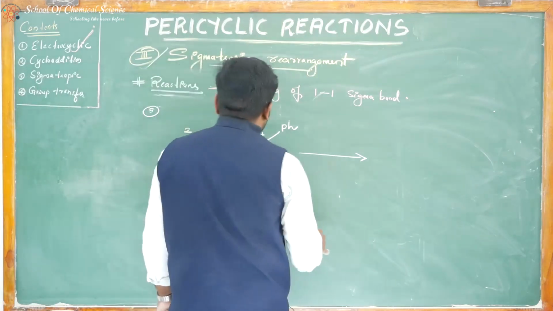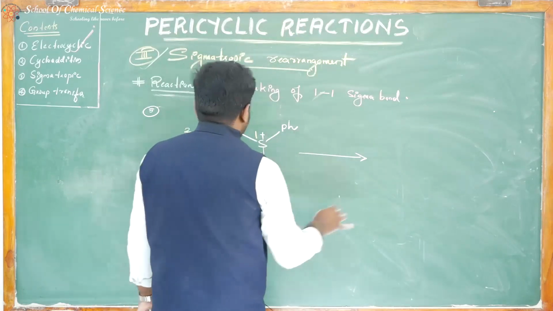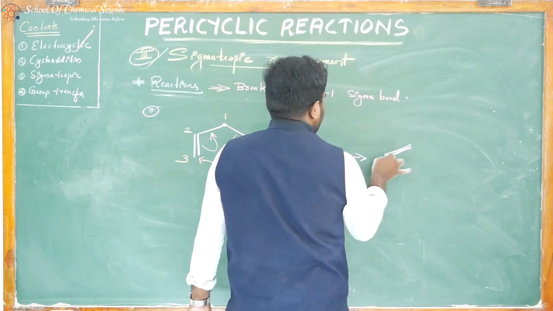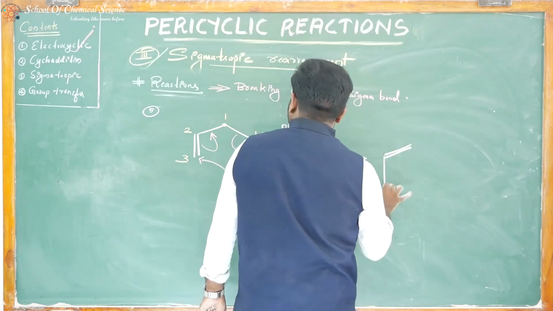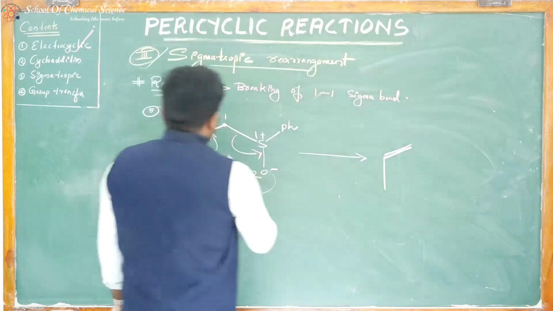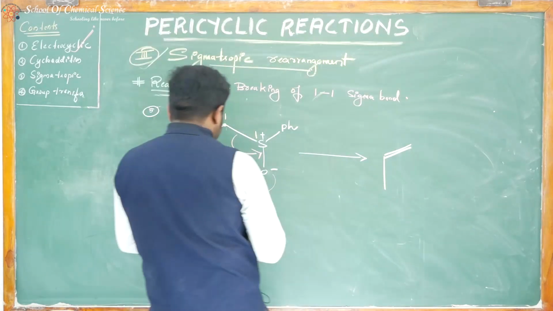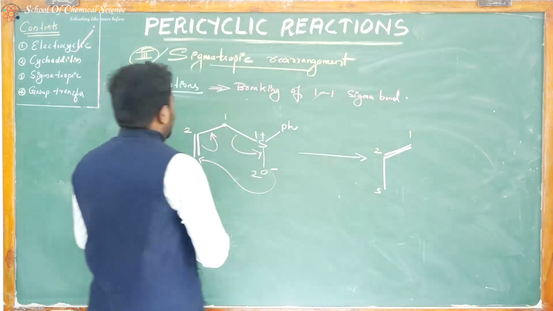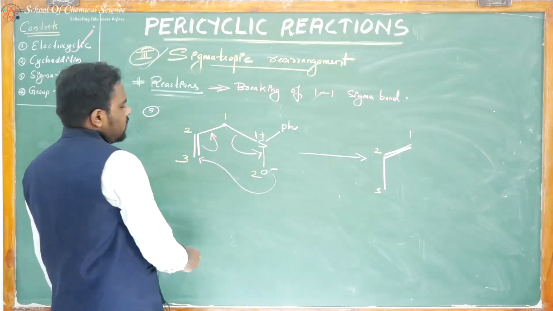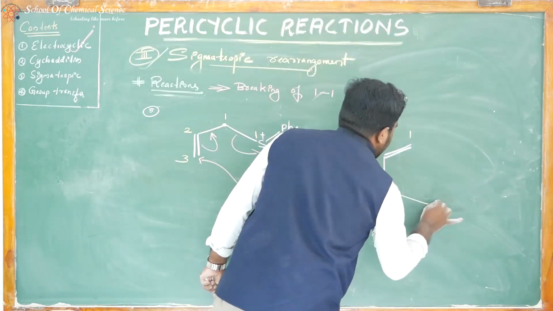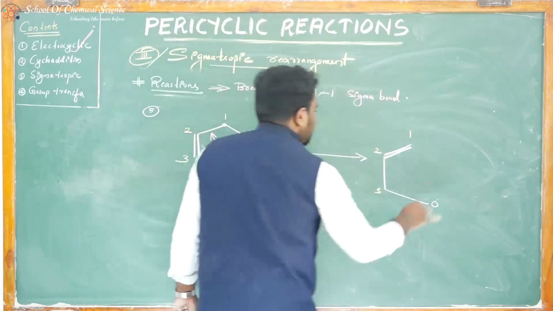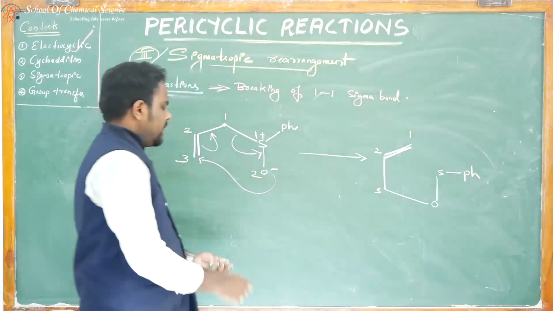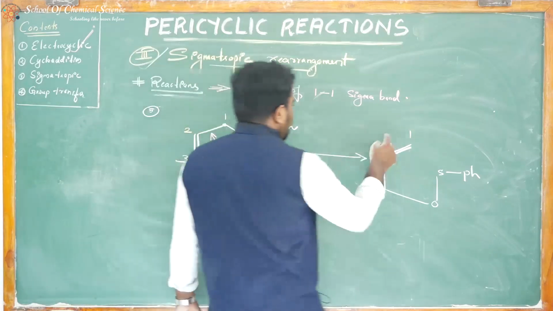So your product, this is towards the sulfur. Here a new, between 1 and, please give a number. This is 1, 2, 3. Between 1 and 2 a new pi bond. 3 is connected to the oxygen, and this oxygen is connected to the sulfur and Ph.